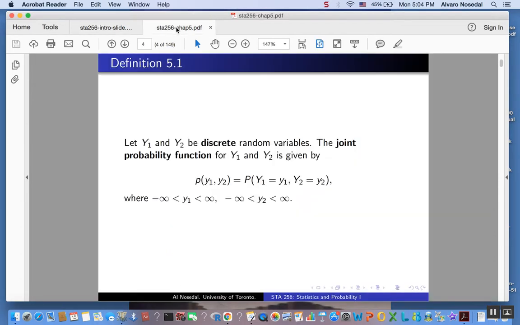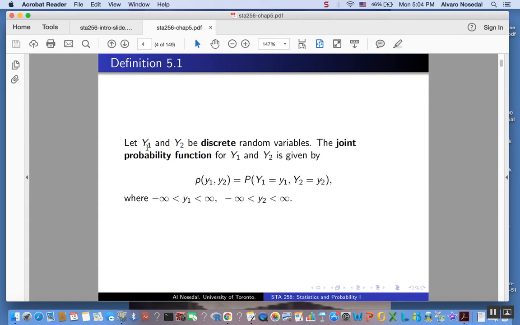Okay, so first, let me show you the definition of bivariate probability distribution in the case of discrete random variables.